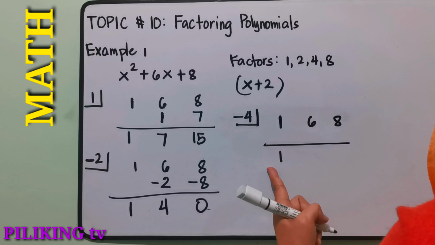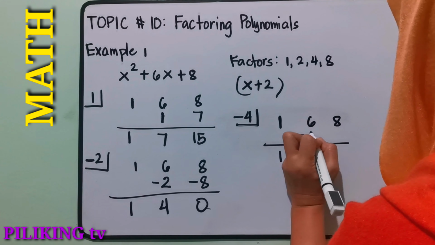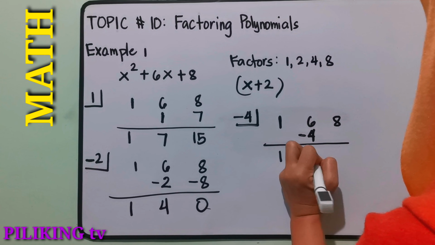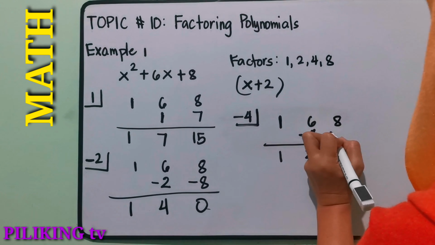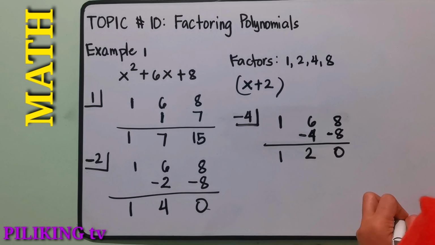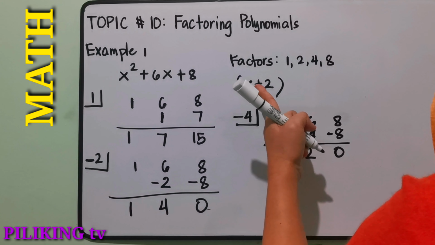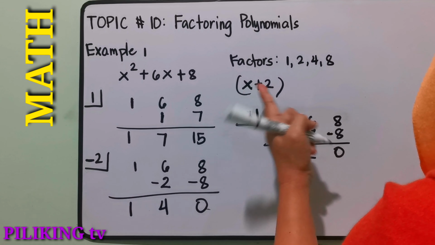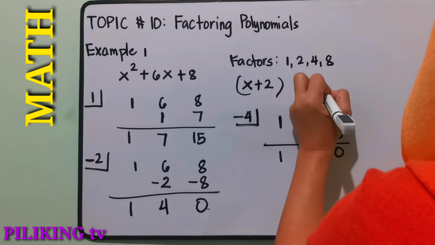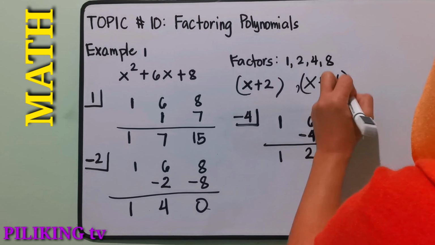Since again you are multiplying different sign, the sign would be negative. Then 6 plus negative 4 is positive 2. Multiply to negative 4, that is negative 8. So the remainder is 0. So it means, aside from x plus 2, we can also use x plus 4 as one of the factor.